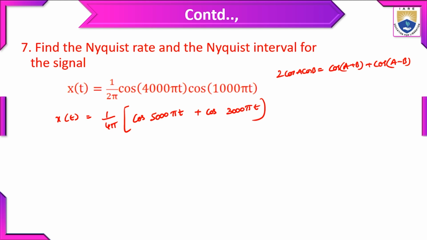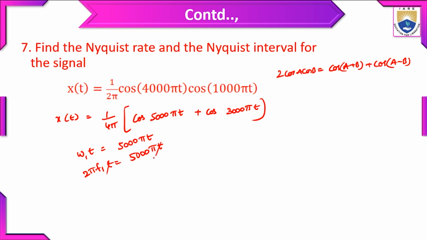Okay. So here two frequency components are there. One is omega 1 t, it is 5000 pi t. So omega 1, the angular frequency, is equal to 2 pi f, and omega 1 t is 5000 pi t.